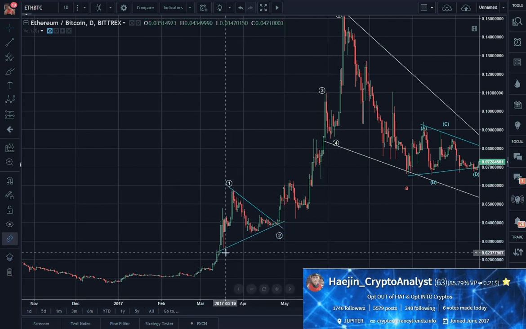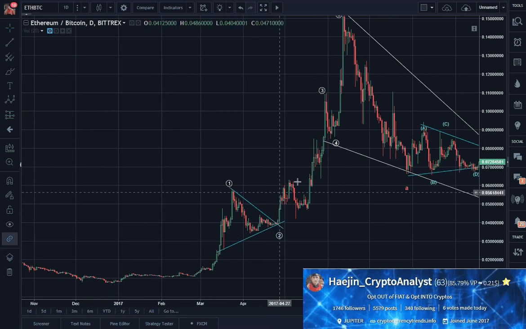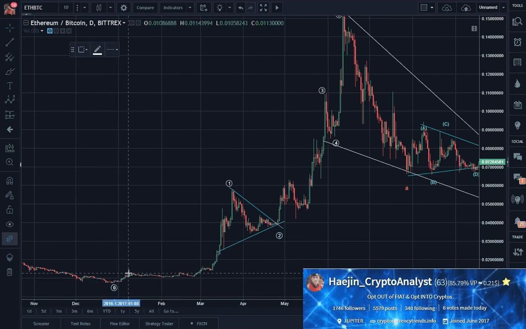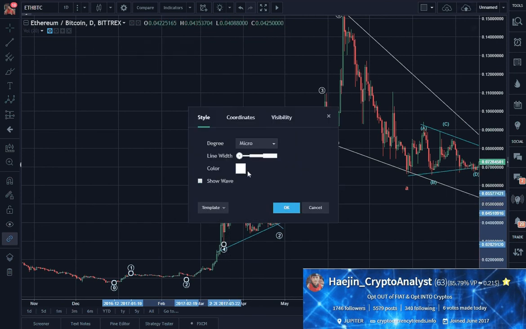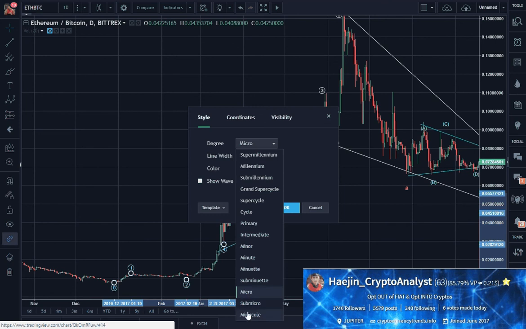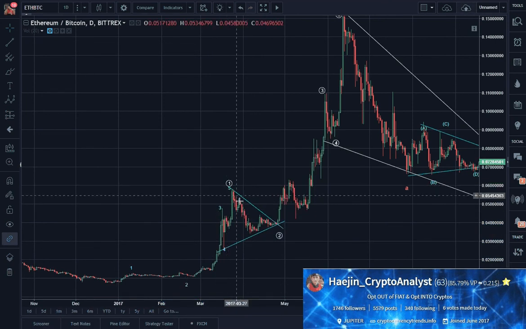When you use just symmetrical triangles without the Elliott waves, these patterns represent a point of indecision. It could either go up or down. Let's say none of this price existed. But if I'm using my Elliott waves, I'm counting the waves here and I see 1, 2, 3, 4, 5. I see 5 impulse waves, and I also know that after 5 waves there has to be a correction.